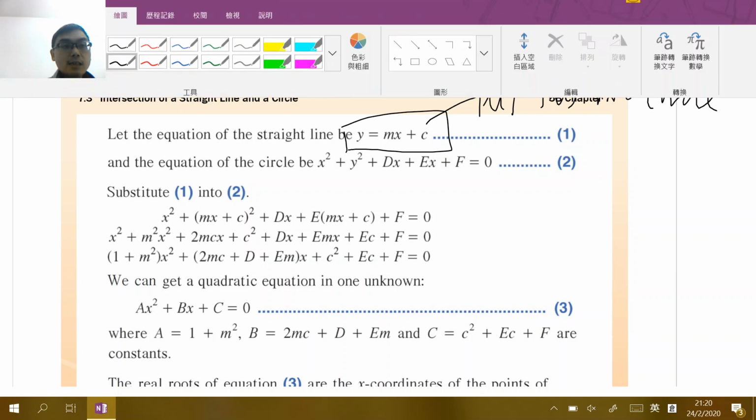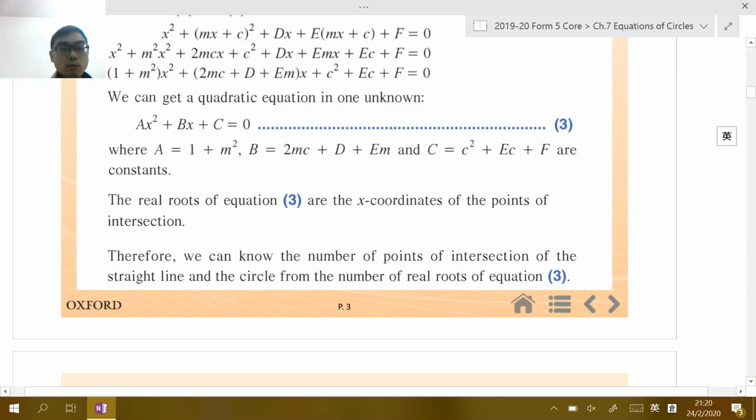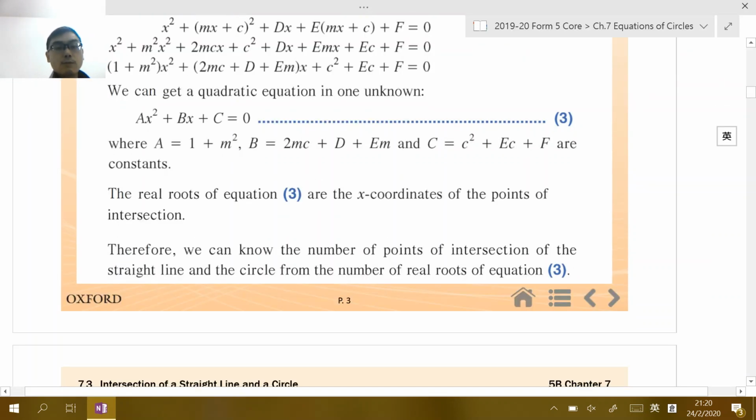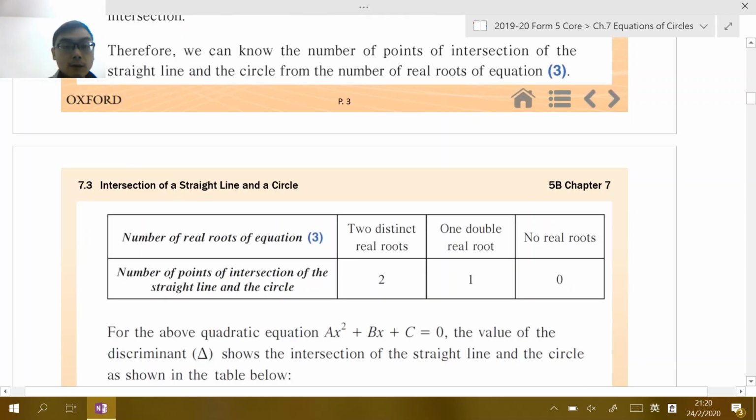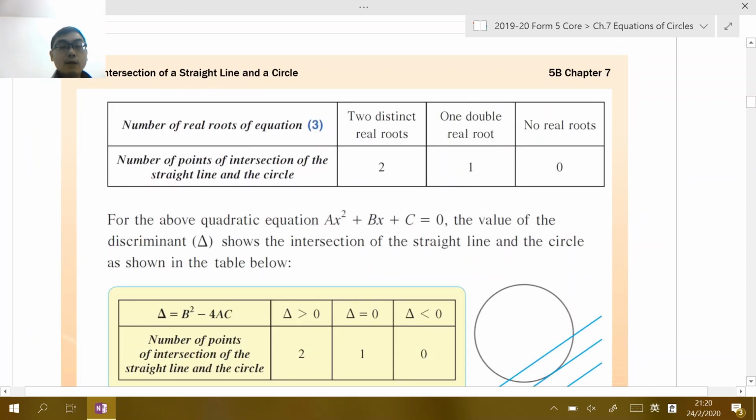There are many symbols here, but I don't want to go through them because they are very long. The most important thing is that after you have substituted the straight line equation into the circle equation, you should have eliminated one variable. For example, you may just keep x or y.